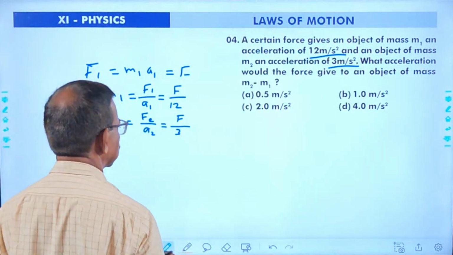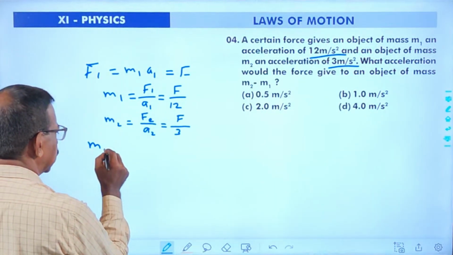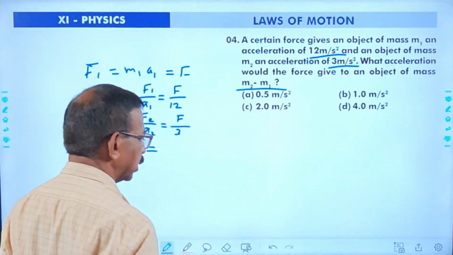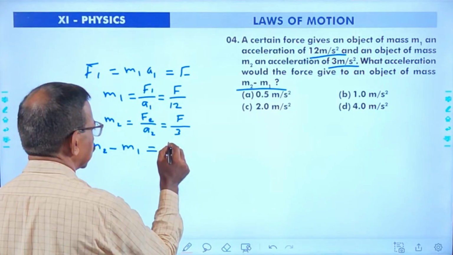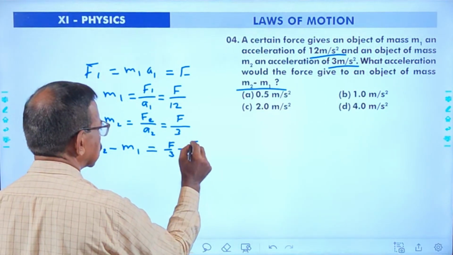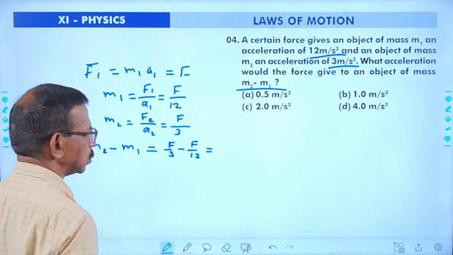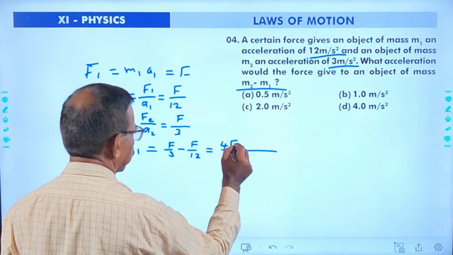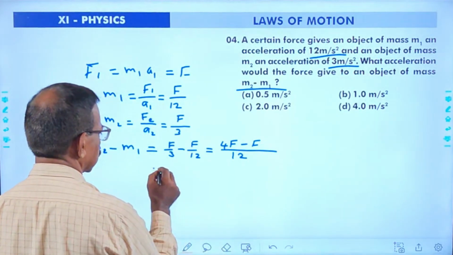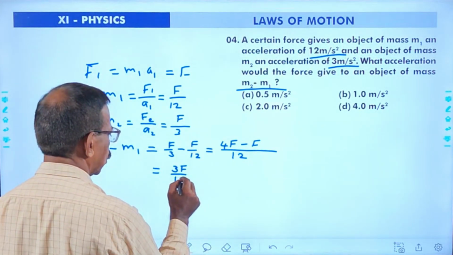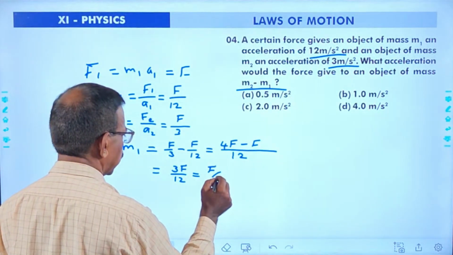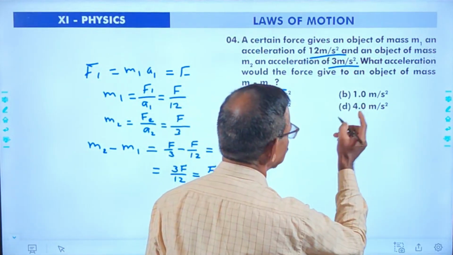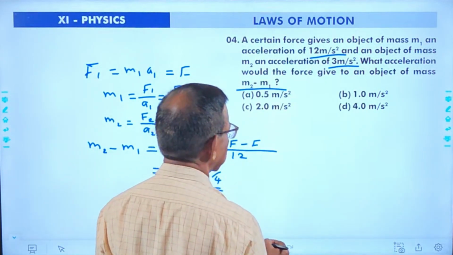Then we may calculate like this, m2 minus m1 equals, that is to be calculated, that is why we are calculating m2 minus m1. F by 3 minus F by 12. We may take LCM 12. Then 4F minus F. The answer is 3F by 12. That means F by 4. We have to calculate the acceleration of the mass m2 minus m1.